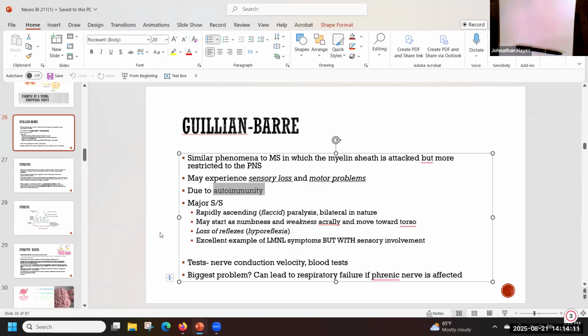And then they eventually find out it was Guillain-Barré syndrome that had done it. But they might end up noting that he had just gotten over a sickness. So maybe he had some type of strep throat, or they sometimes note that he was recovering from an illness and he noticed this rapidly ascending paralysis. So yes, it is due to some type of autoimmunity, but they sometimes noted that it's triggered by some type of infection.